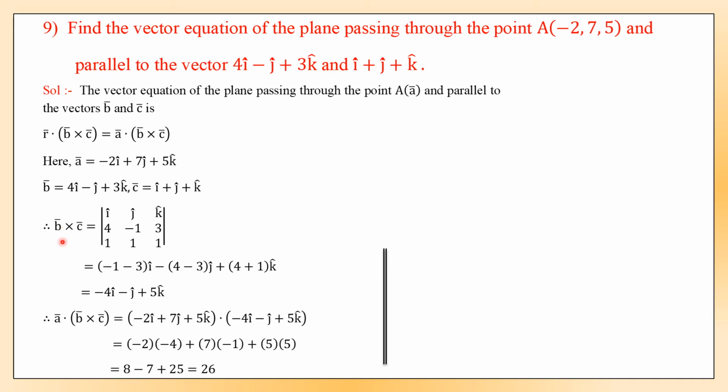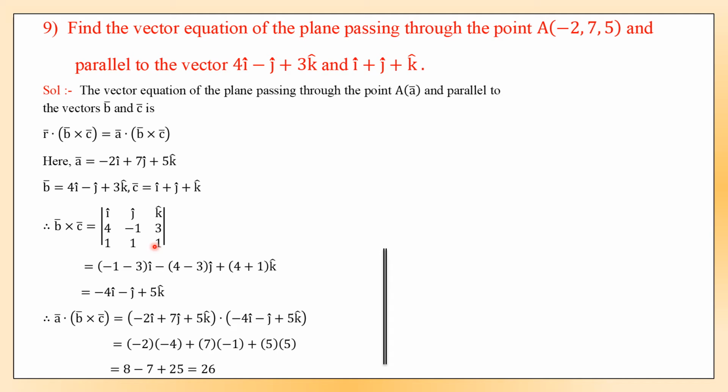We have to find the cross product. Here b vector cross c vector equals the determinant: first row i j k, second row 4 minus 1 3, third row the coefficients of c vector, 1 1 1. Simplify.